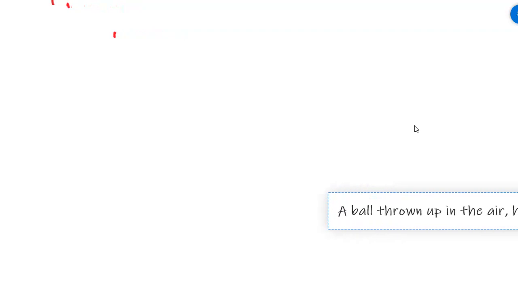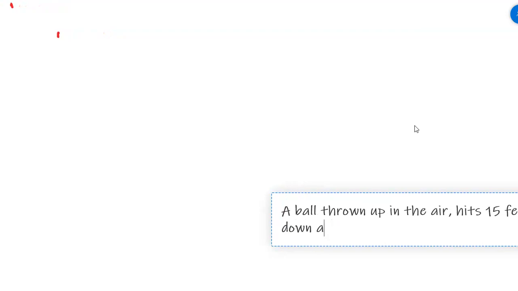So suppose I've got a ball that is thrown up in the air, hits 15 feet, comes down, and it bounces to 75% of its previous height.